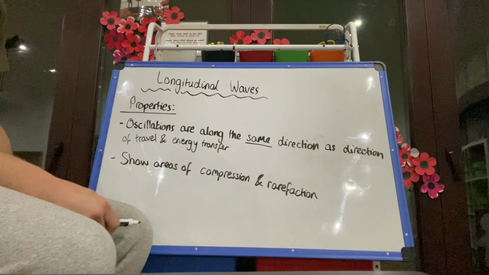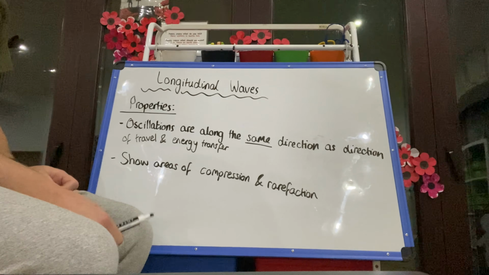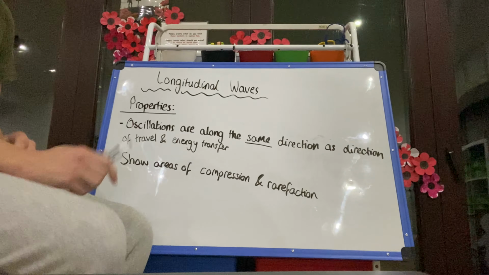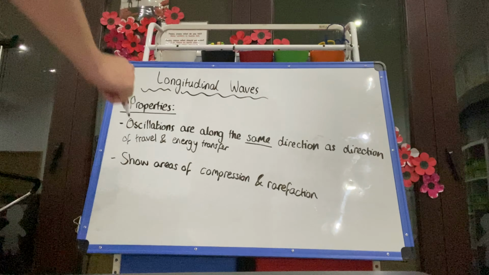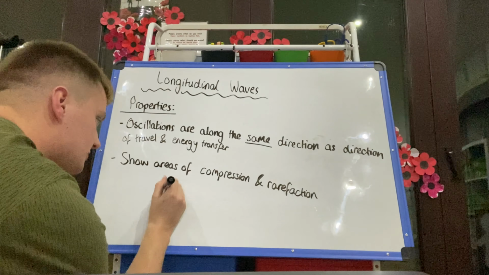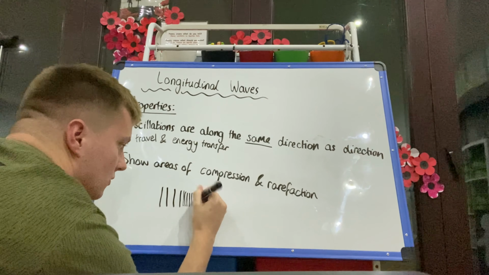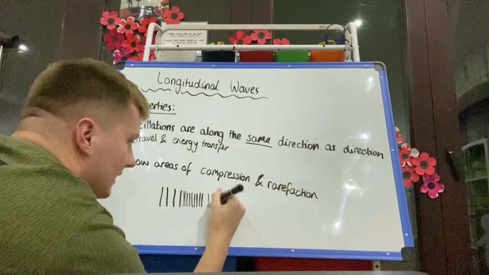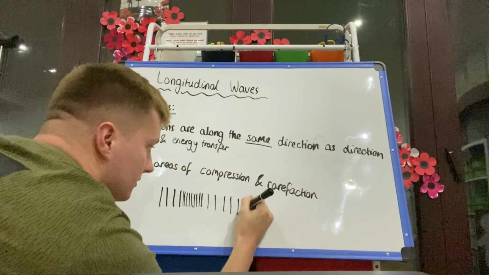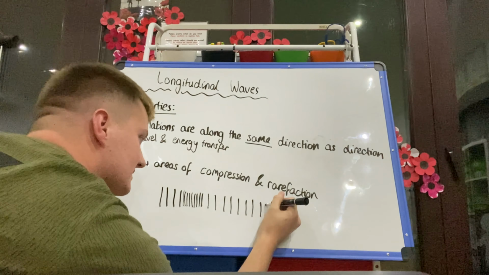It's also important to note that longitudinal waves show areas of compression and rarefaction. Now I'm going to show you what that means. Longitudinal waves have areas of compression where the waves are compressed, and areas of rarefaction where the waves are slightly spread.